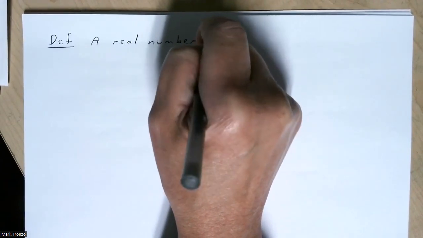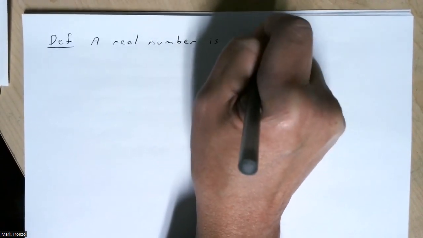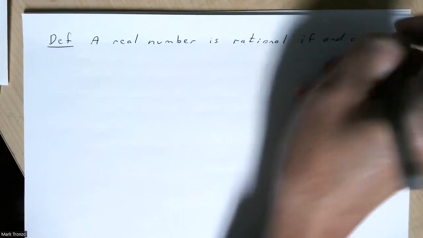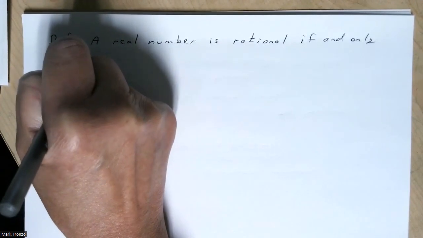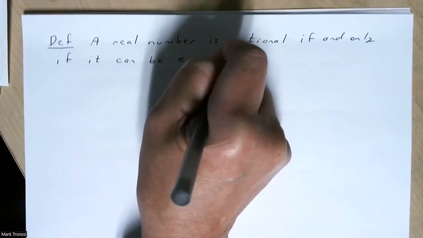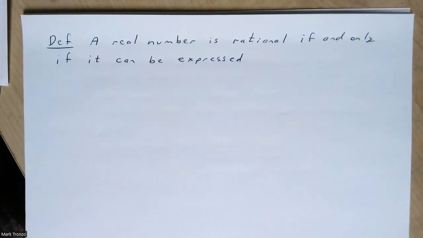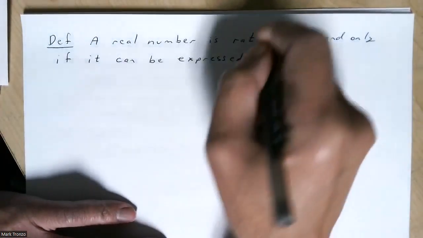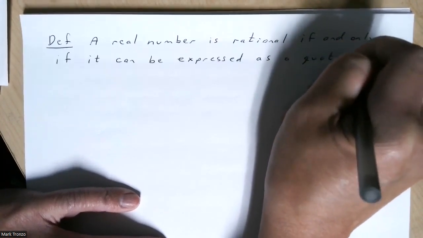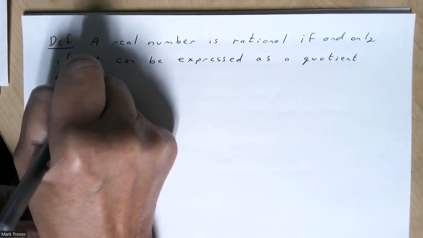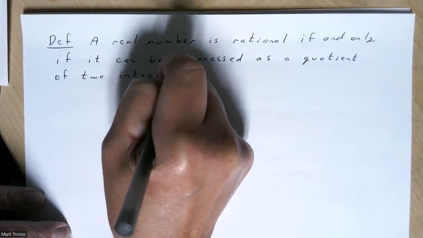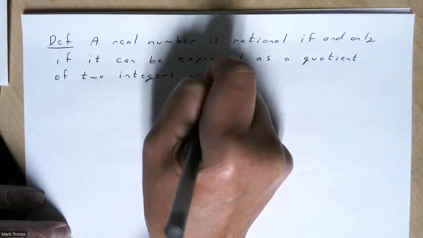A real number is rational if and only if it can be expressed as a quotient of two integers with a non-zero denominator.